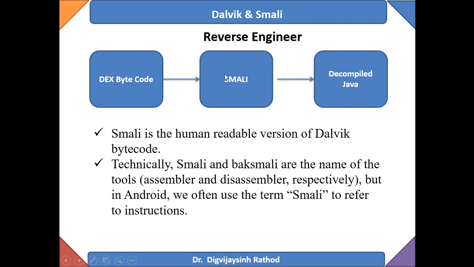Now let's see what Smali is. Smali is nothing but the human readable version of the Dalvik bytecode. It means the Dalvik bytecode will be converted into Smali, and yes, you can read the instructions, but ultimately it's a readable version of the Dalvik bytecode only. And any Java decompiler will take that Smali code and convert it into Java source code. Simplest one.